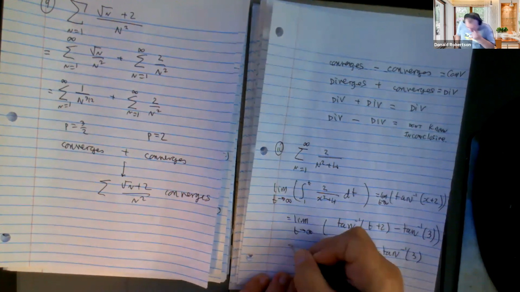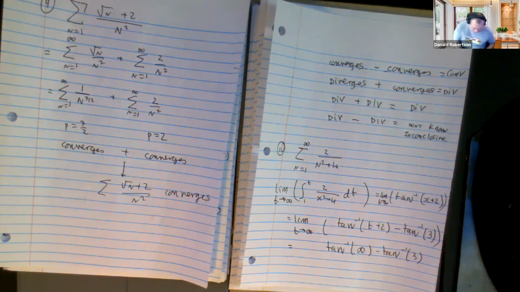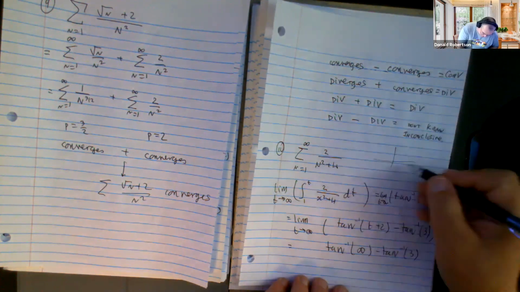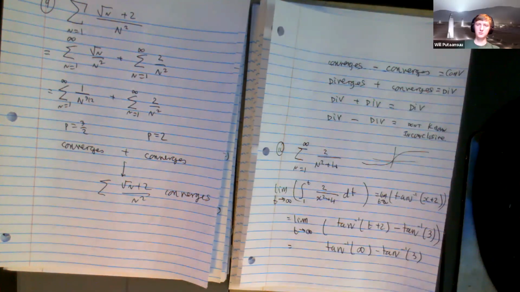And I can understand why you might make the following mistake. Oh, the inverse tan of infinity is infinite, or it's divergent or something, so the series diverges. That's not actually the case. The inverse tan of infinity is in fact a number. If you sketch the inverse tan function, it looks like that. Pi over 2. Yes.